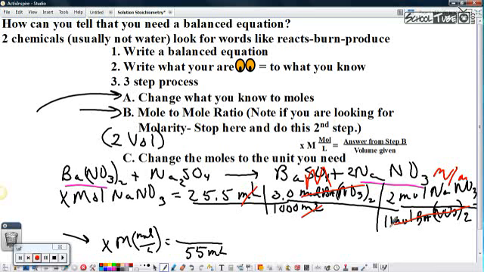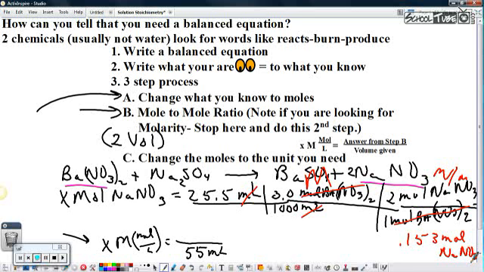Yeah, so what was that answer? 0.153 moles of NaNO3. Don't round off when you've got a two-step problem. Don't round off till you get to the end.